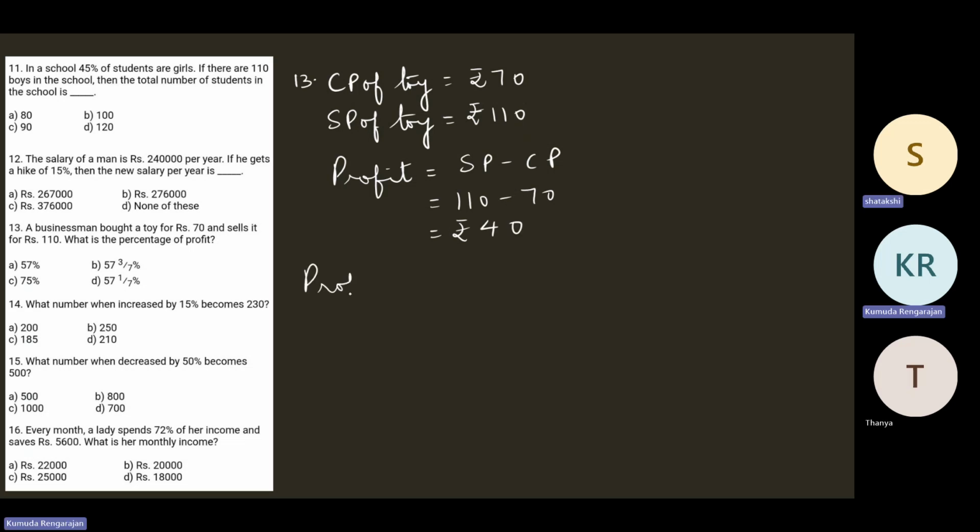And to find the profit percent, the formula is profit by CP into 100. To find percentage, we always multiply by 100. Profit is 40 rupees by the cost price, 70 rupees, into 100.